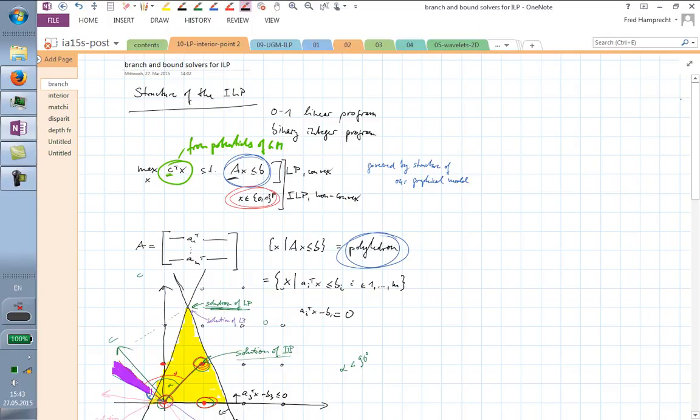And in the exercise today, you will actually use an ILP solver to address a small graphical model.